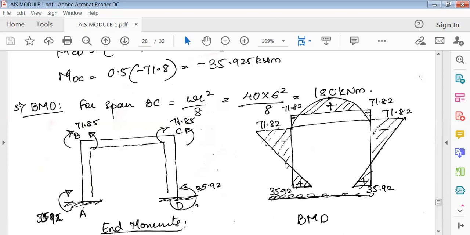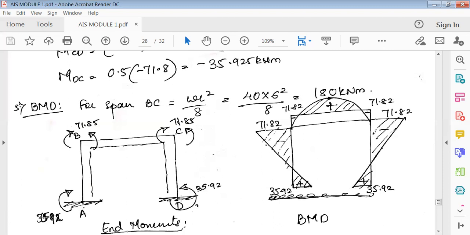Then next, if it is confusing to draw this portion, let us start with this portion here. At D, there is an anti-clockwise moment. It is trying to push this portion to the inward side, inside of the beam. Inside means show this 35.92 like this, inside.